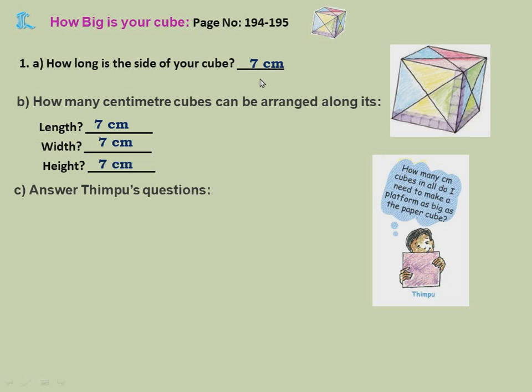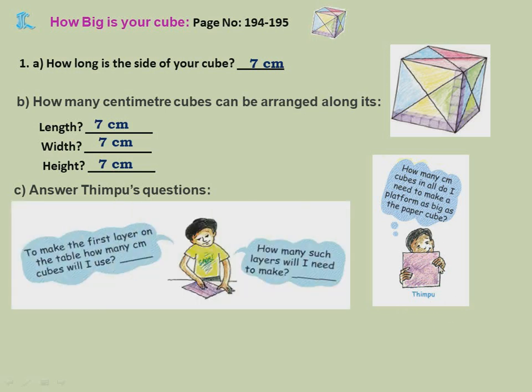Now, answer Thimpu's question. How many centimeter cubes in all do I need to make a platform as big as the paper cube? To make the first layer on the table, how many centimeter cubes will I use? 49.